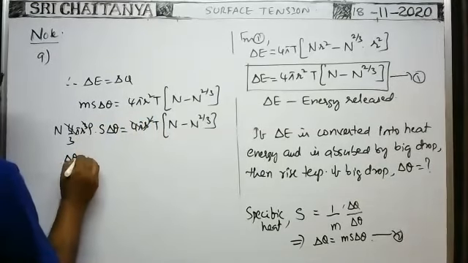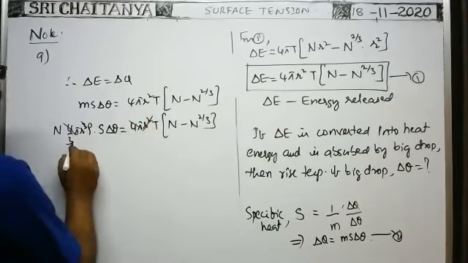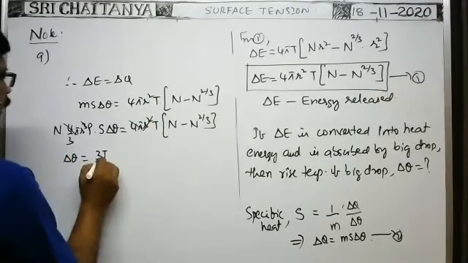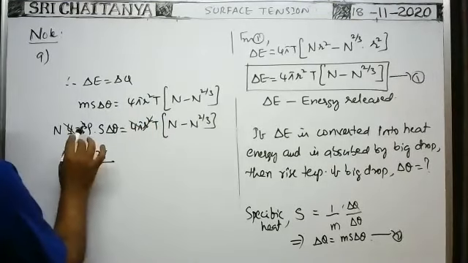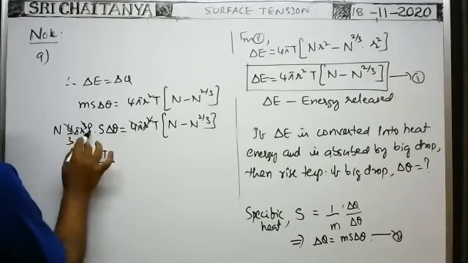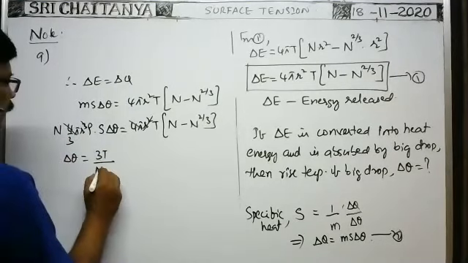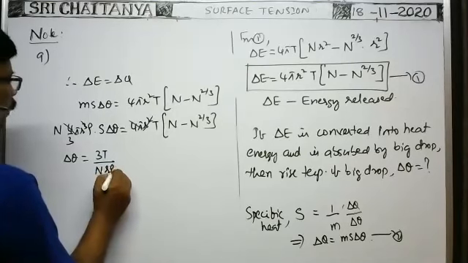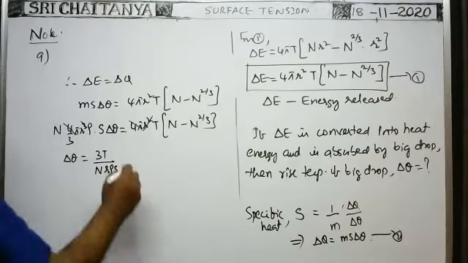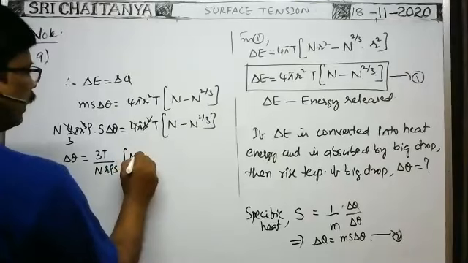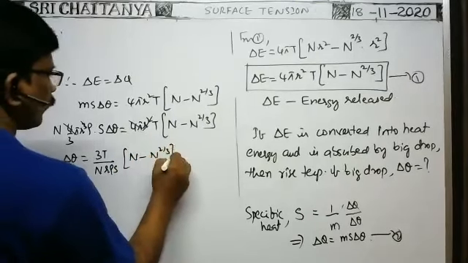Therefore, delta theta is equal to 3T by n r rho s, into n minus n to the power of 2 by 3.